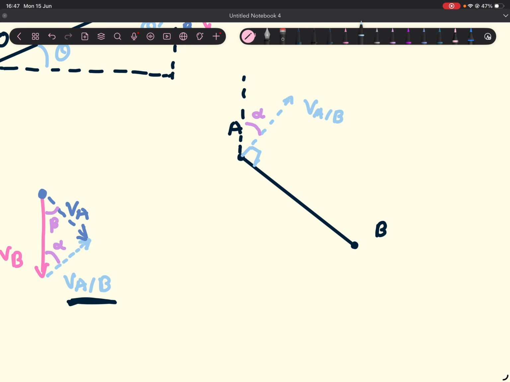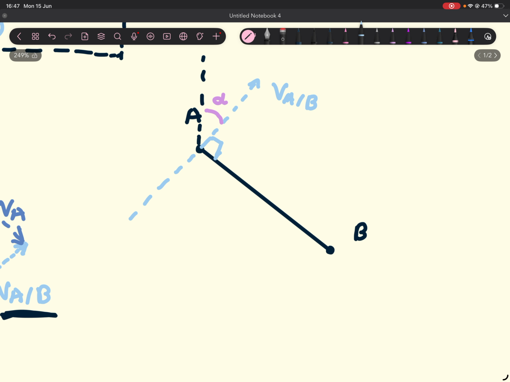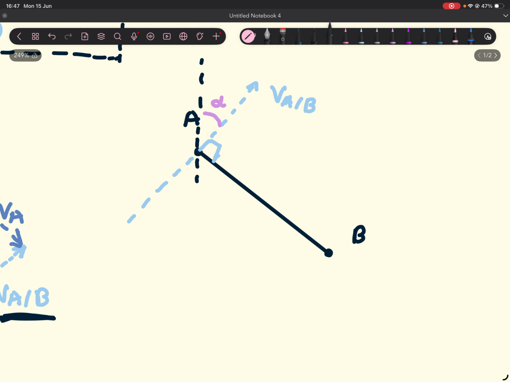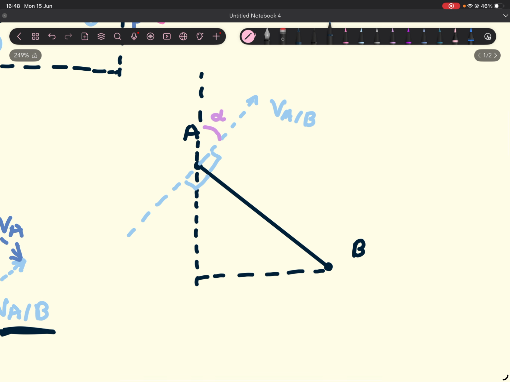Now I can extend this out if I want. Maybe it will help, maybe it won't, I have no idea. Okay, and I know again that this is still 90 degrees. Right. Cool. So then again, if I look at this, I have another triangle.